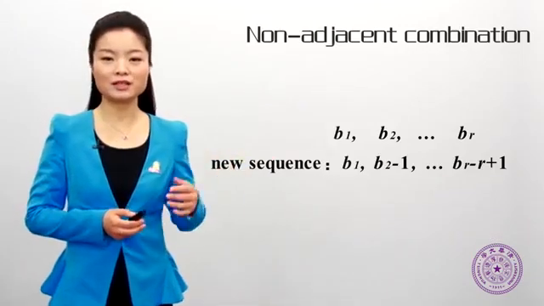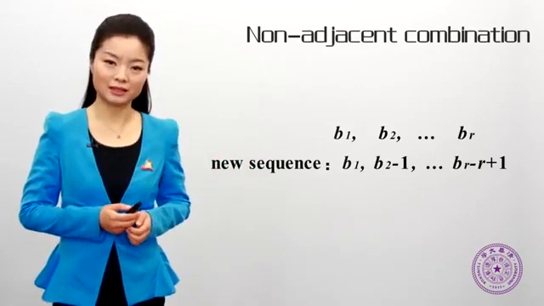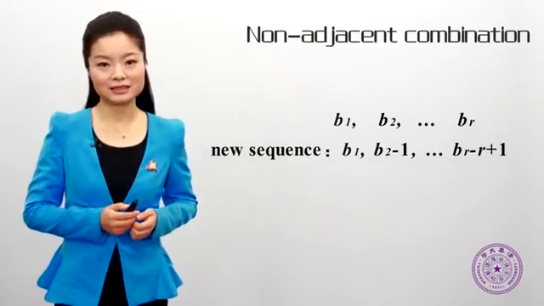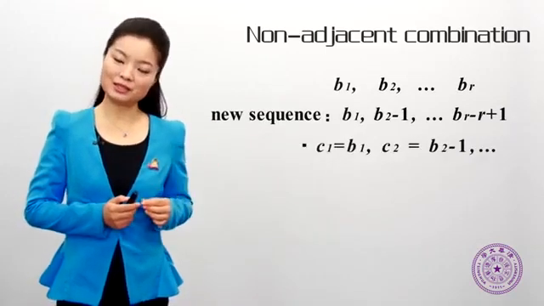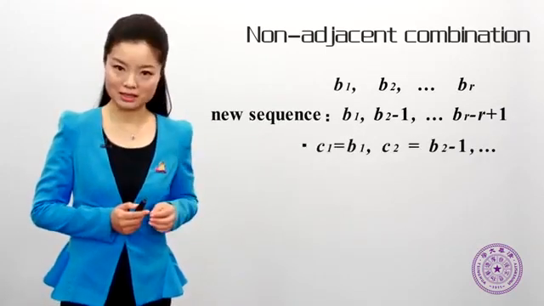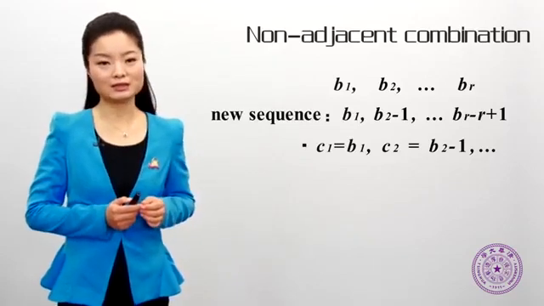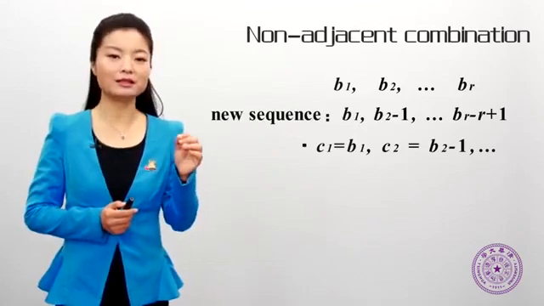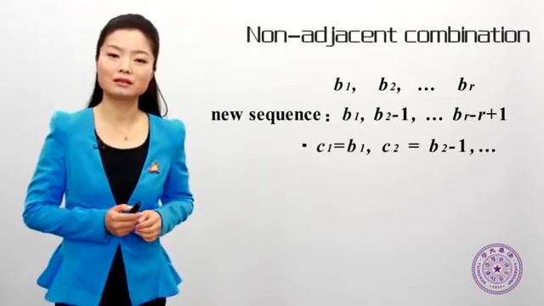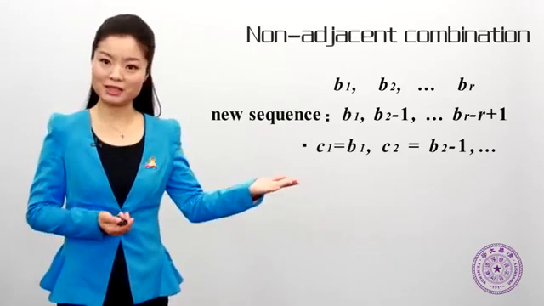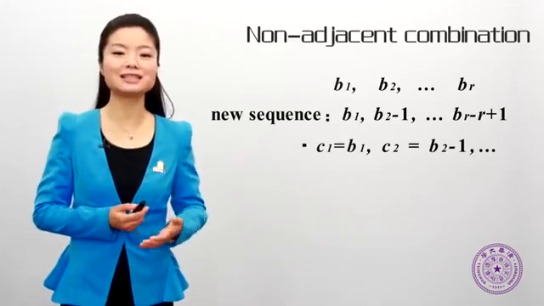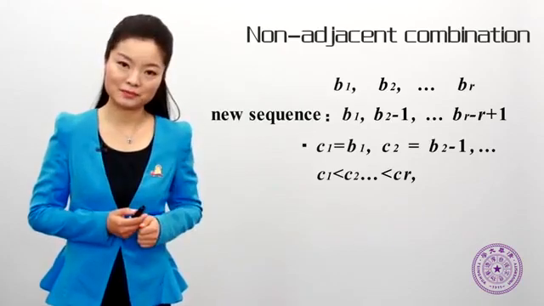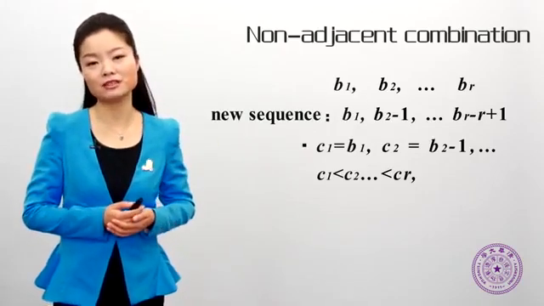Are all elements in the sequence different from each other? Let's take a look at C1 and C2. We know that C1 equals B1, C2 equals B2 minus 1, and B1 and B2 are not adjacent. The difference between B1 and B2 is larger than or equal to 2. So as C1 equals B1 and C2 equals B2 minus 1, C2 is at least larger than C1 by 1. And so forth.